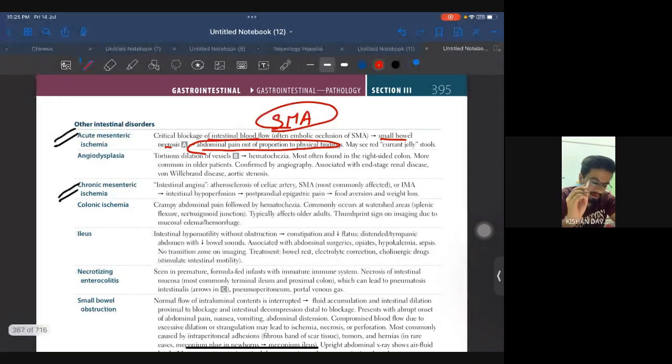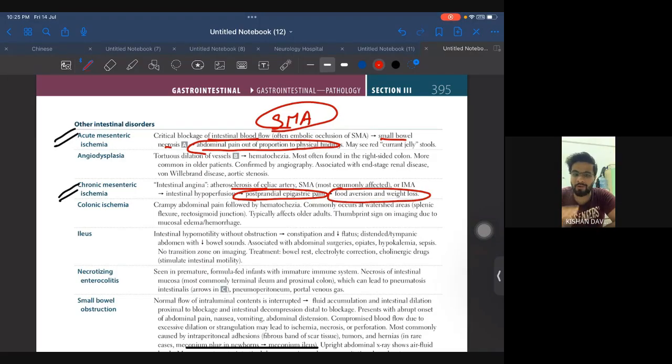And coming to chronic mesenteric ischemia, they will say postprandial epigastric pain. It means after you eat a meal, that time you will be having this postprandial epigastric pain. So make sure you know how the patient will come to you. The patient will be avoiding food and there will be so much weight loss. This is the other case you will remember for chronic mesenteric ischemia.